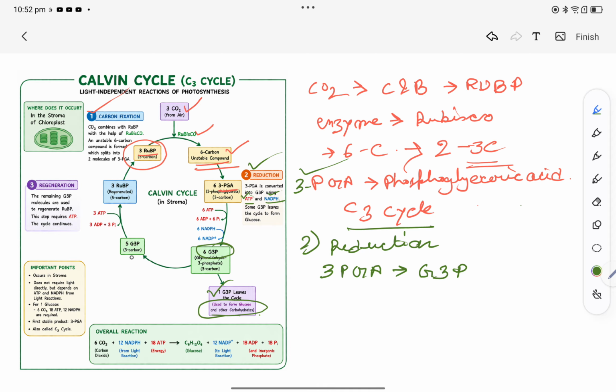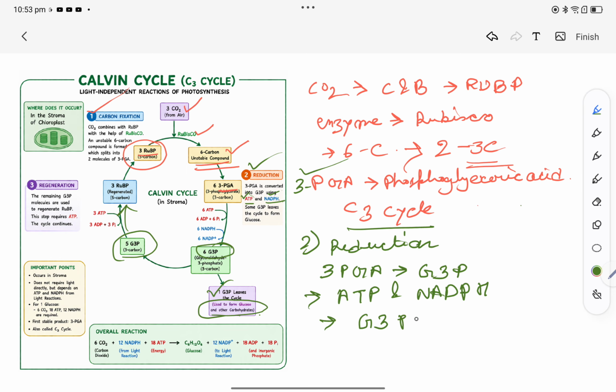Five molecules of G3P will form RuBP. Now this RuBP will continue the cycle. So in the reduction phase, 3-PGA is forming G3P, glyceraldehyde 3-phosphate, and ATP and NADPH are used here.